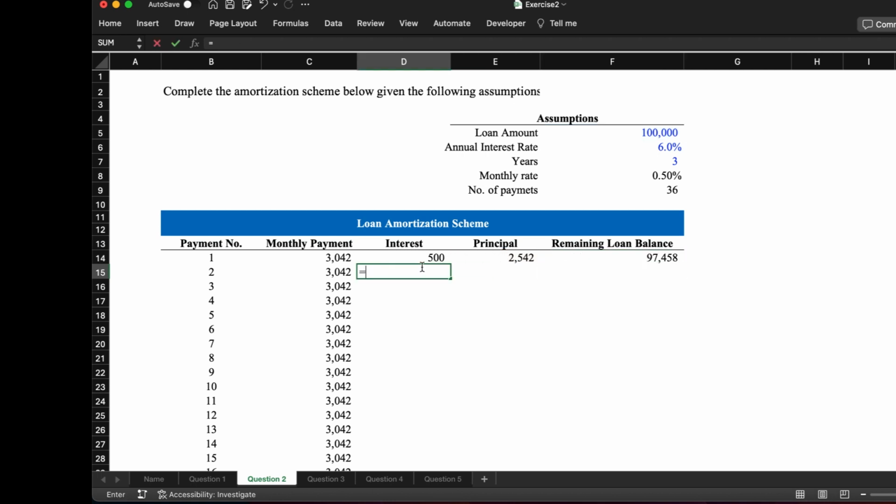Then we come to the second payment, which is the interest, the monthly interest rate here. Let's lock it, times the remaining loan balance at the end of period 1. So we do the same for the principal, which is the payment less interest.